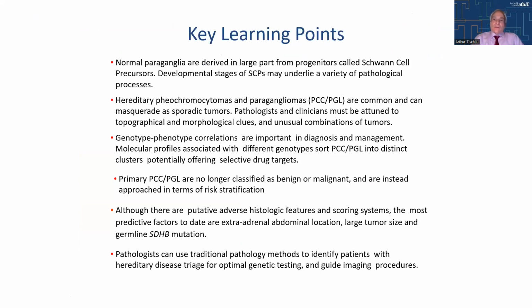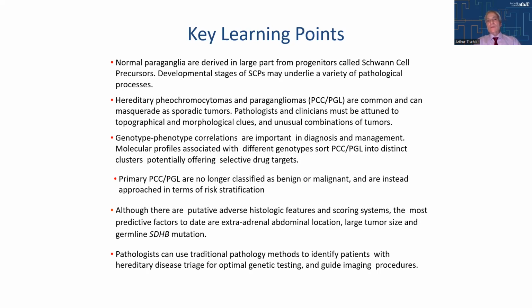The key learning points to take home from this whole talk are that normal paraganglia are derived in large part from progenitors called Schwann cell precursors, and developmental stages of Schwann cell precursors may underlie a variety of pathological changes and processes.